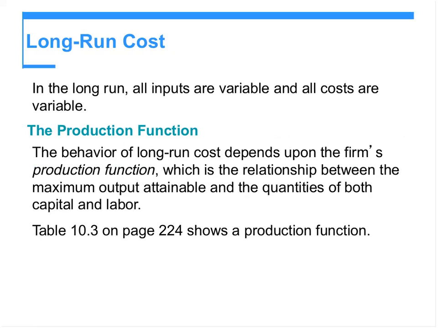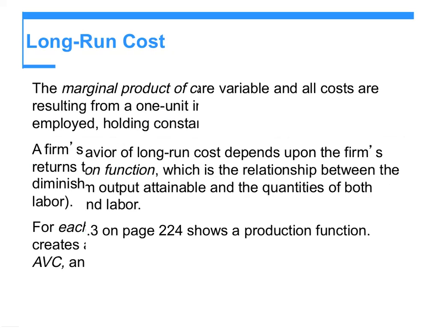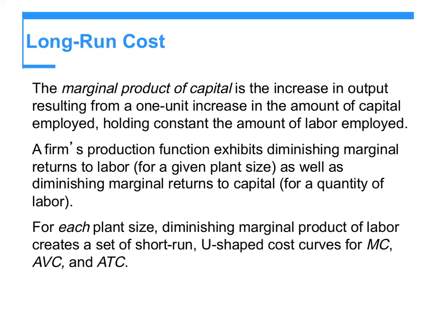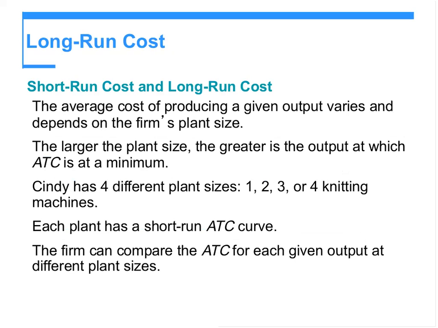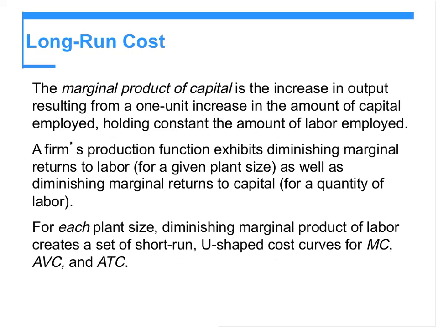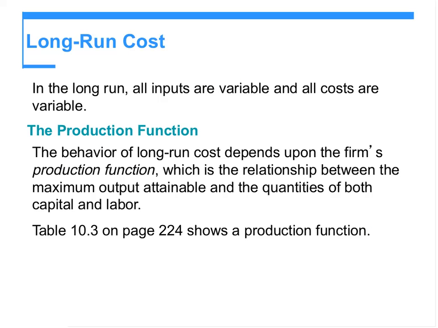The production function. The behavior of long-run cost depends upon the firm's production function, which is the relationship between the maximum output attainable and the quantity of both capital and labor.